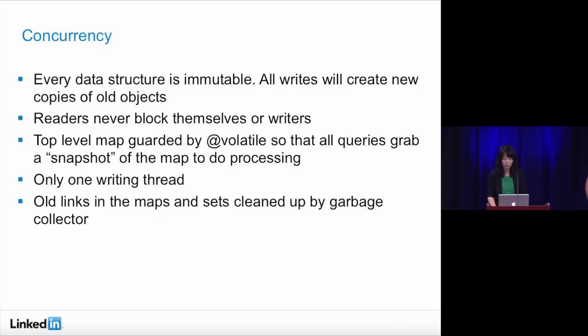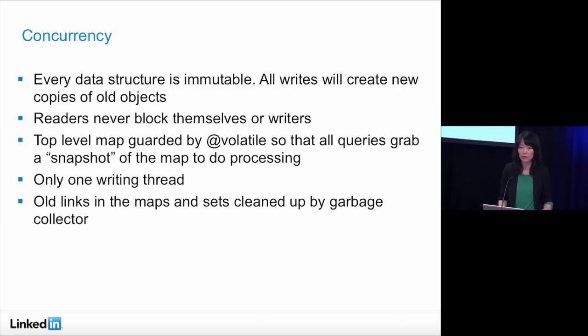One thing that we use pretty extensively in our system is copy on write to handle concurrent read and write. Instead of having a complex read and write lock, every data structure in our system is immutable. When a writer comes in to update the data, the writer will be in charge of creating a copy of the existing old data.